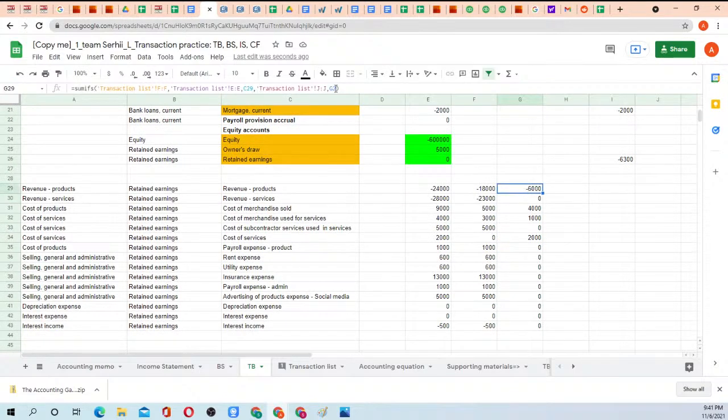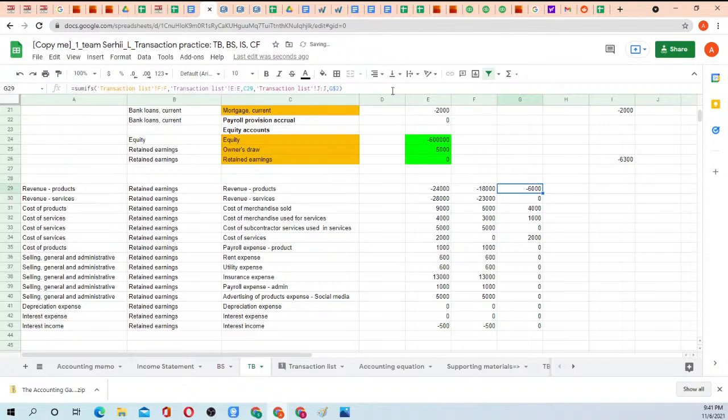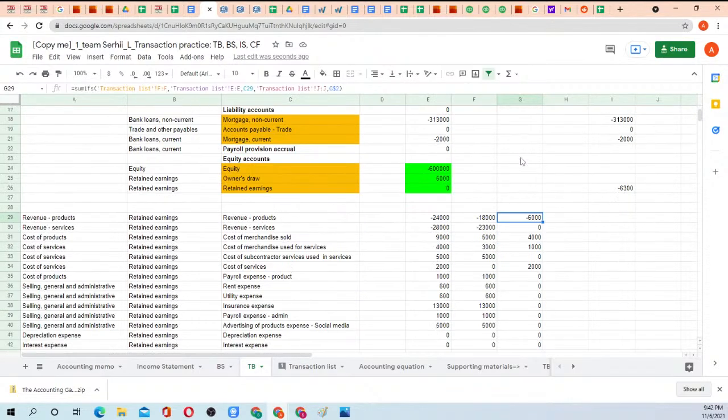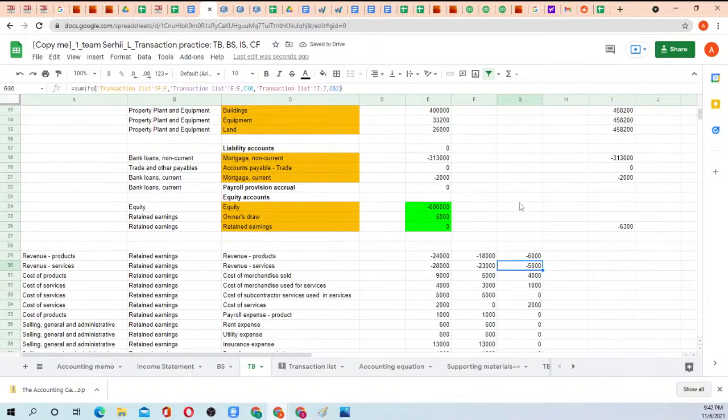So I go here, and for period I put a $ before the line number here. If you are new to Excel, you probably need to Google a bit more on formulas. So now if I run it down, it will still stick to that row.